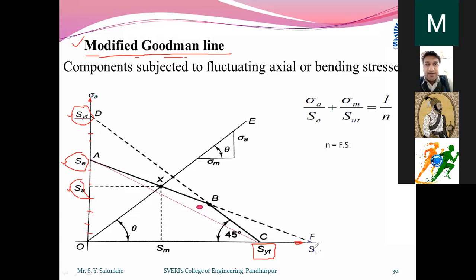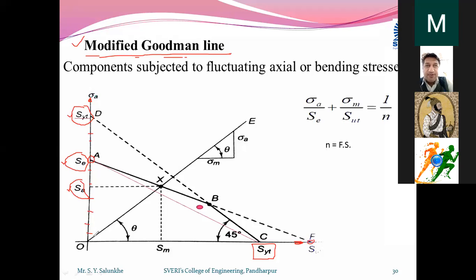Now here also we have considered the endurance limit of that particular component on the y-axis and on the x-axis. When we join these two lines, definitely the endurance limit will not be more than the yield stress, so it has been taken on the y-axis only.